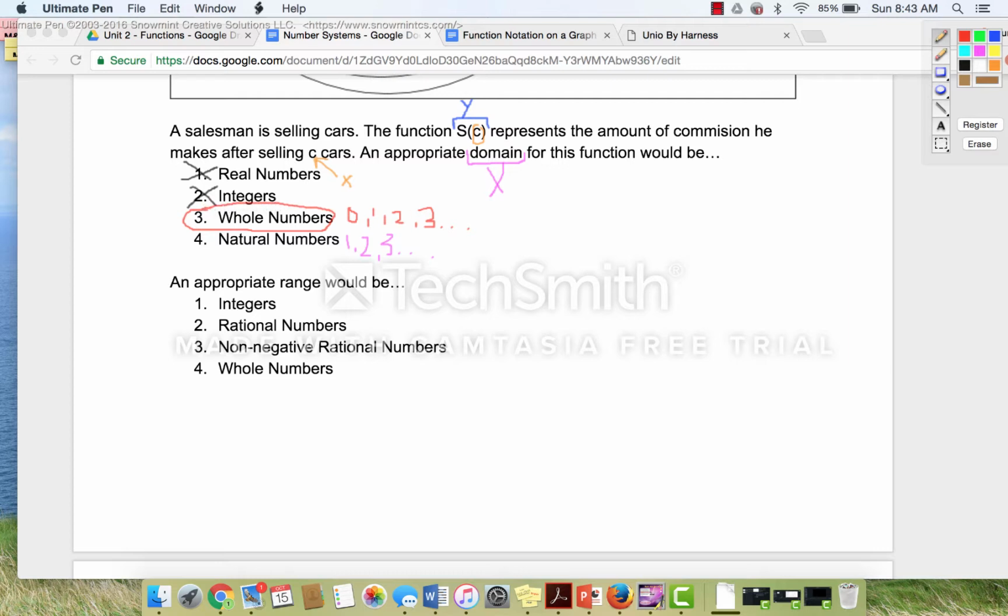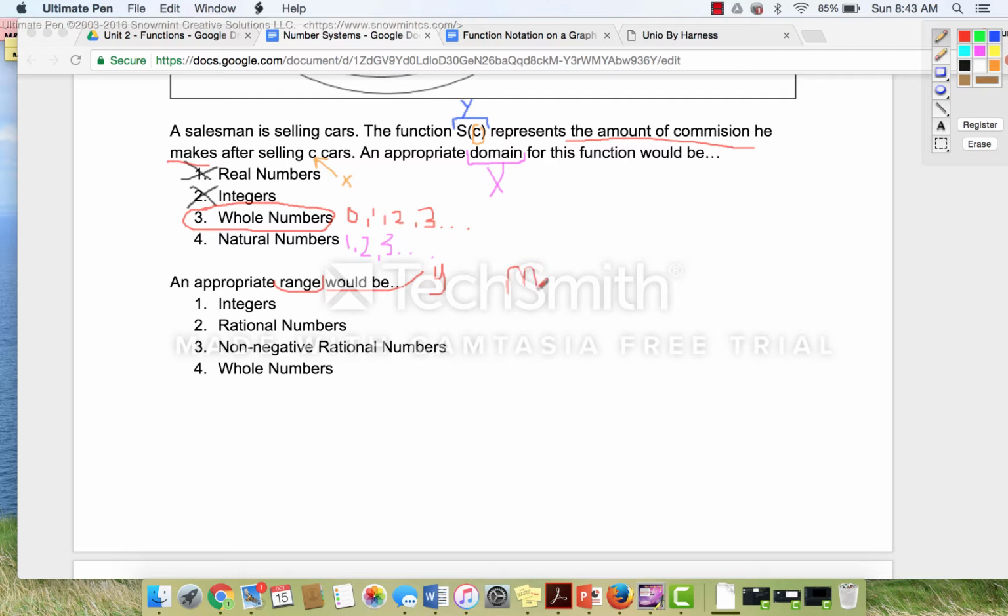Okay. Now we're looking for an appropriate range. Now range, I remember, goes with my y values. And looking up here, my y values represented the amount of commission he makes. Commission is a way of saying how much money he brings in.